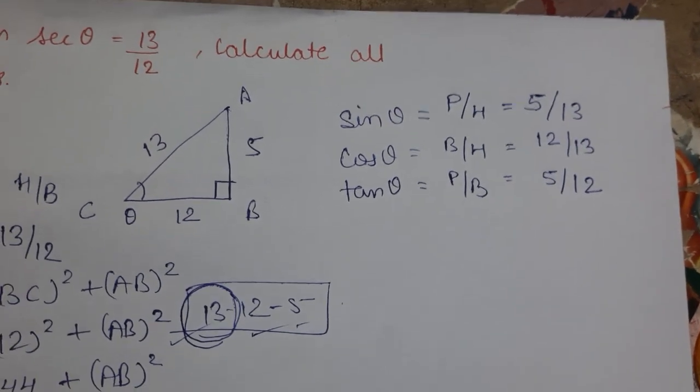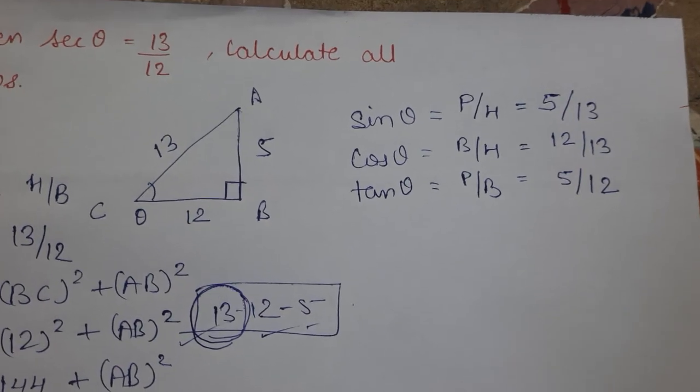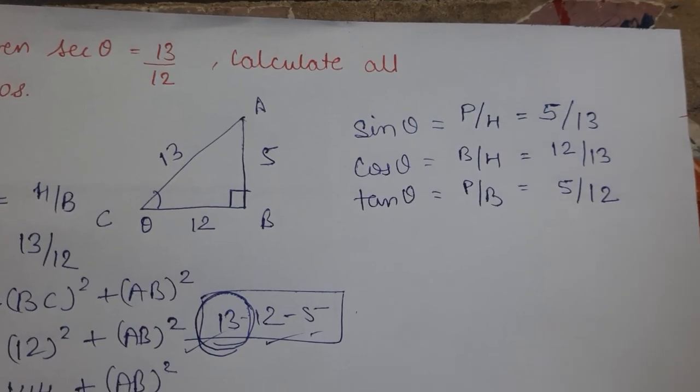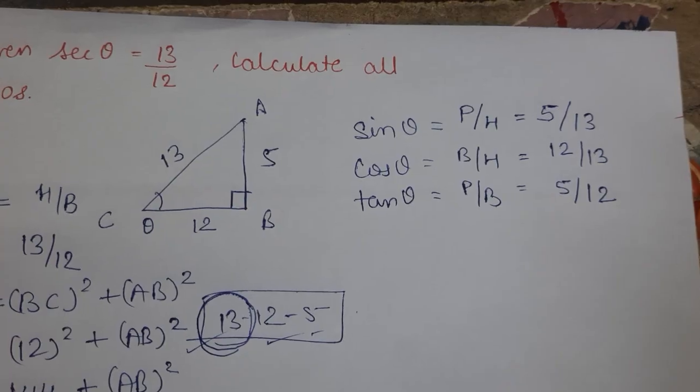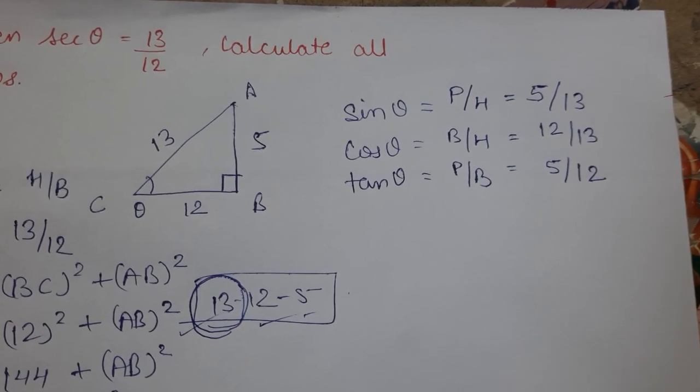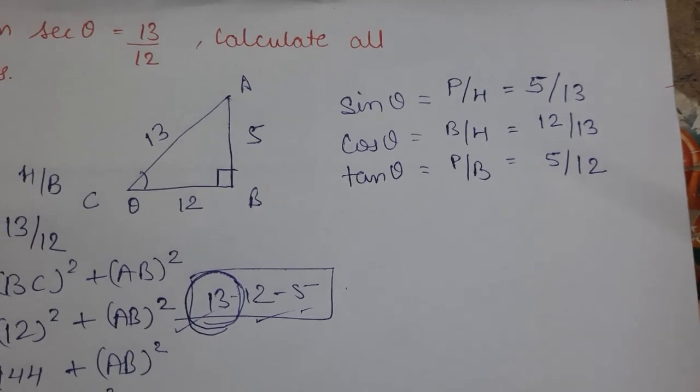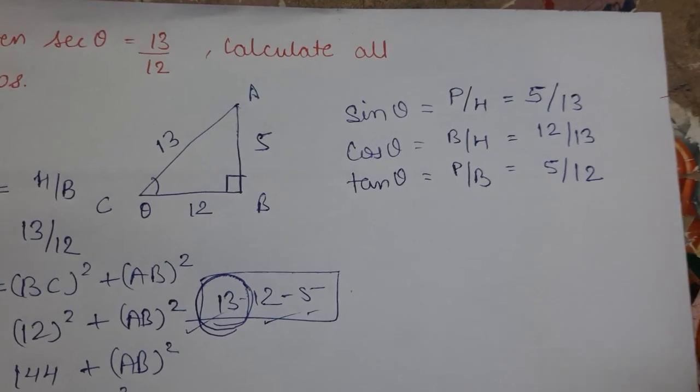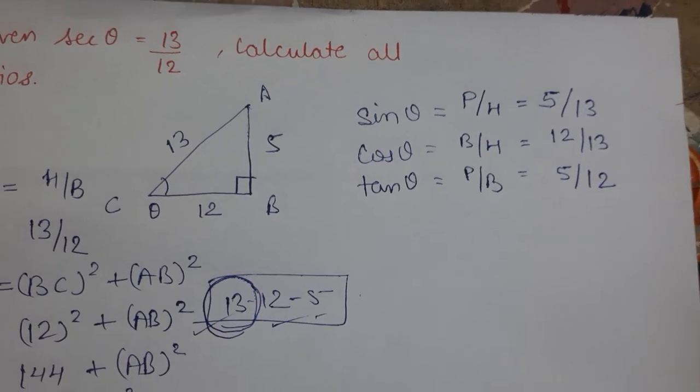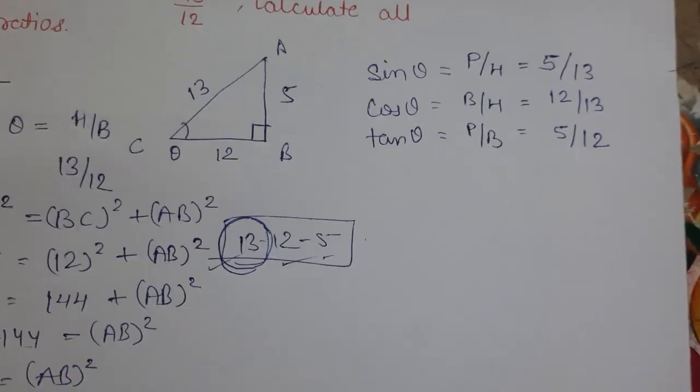I first calculated these three basic values, sine theta, cos theta, tan theta, because the rest are just reciprocals of these. We won't do hard work here, we'll go with a smarter way.